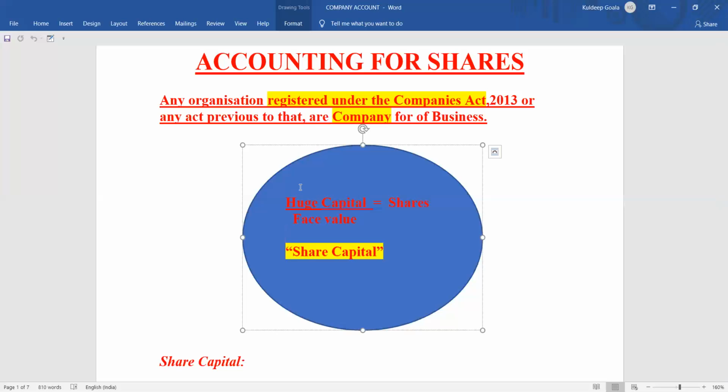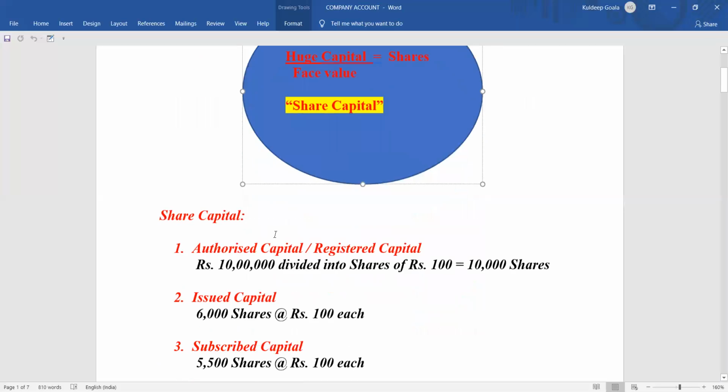That is why as a whole the company's capital is called share capital. मतलब बहुत सारे लोगों को शेयर होता है, उसमें हिस्सा होता है. ठीक है, सब मिलाकर कैपिटल बनता है, इसी के लिए उसको बोलते हैं हम लोग शेयर कैपिटल. ठीक है, और ये जो शेयर कैपिटल होता है ये अपने आप में काफी सारा डिवीजन रखता है. Okay, there are certain divisions of share capital. So let's see one by one.